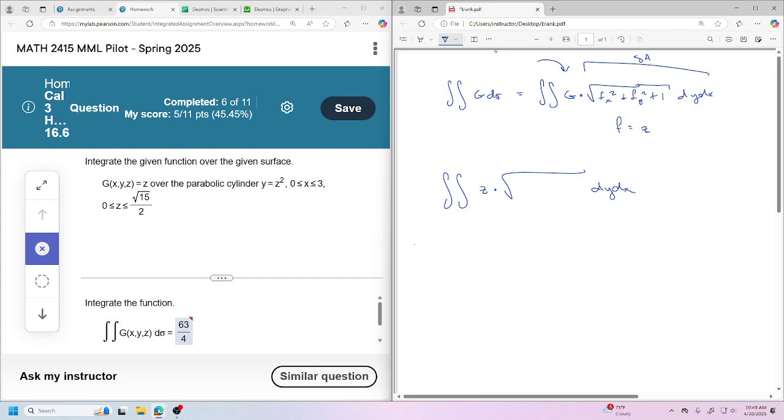Sure, and that is definitely a possibility, and it makes me very sad because then we're going to have square roots. I put a z in right there for my g, but then I'm going to have to change this to x's and y's. Can I integrate right now? Not at all.